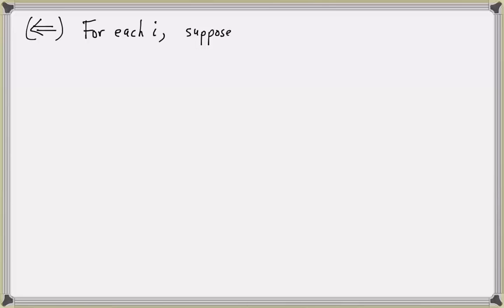Suppose ai is a solution to f of x congruent to 0 mod mi. Okay, so we have a total of s congruences, and we have a solution to each one of these s congruences.